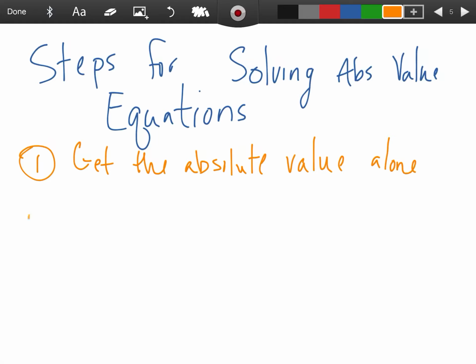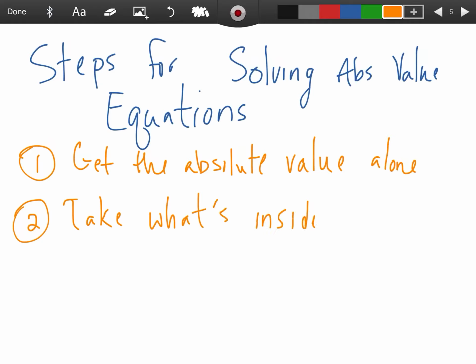Then our step 2 is we take what's inside the abs value, I'm just going to write it as abs value, guys, and set it equal to the positive and negative of the other side.